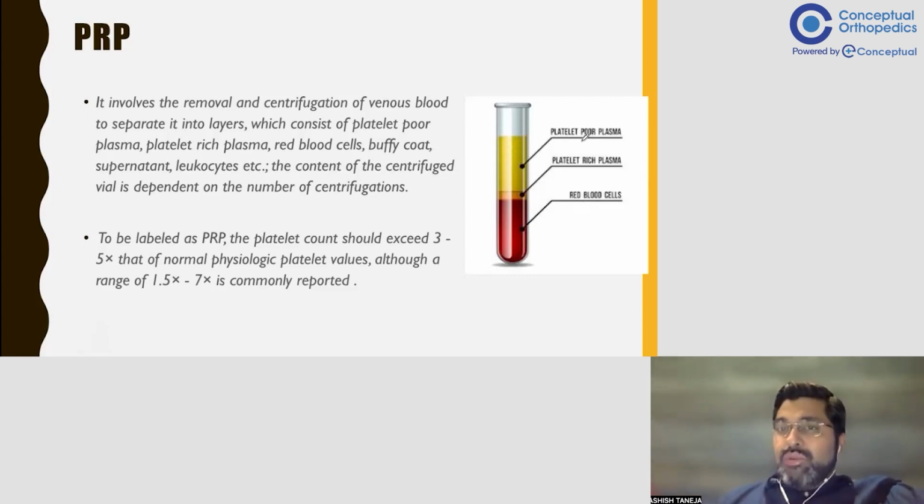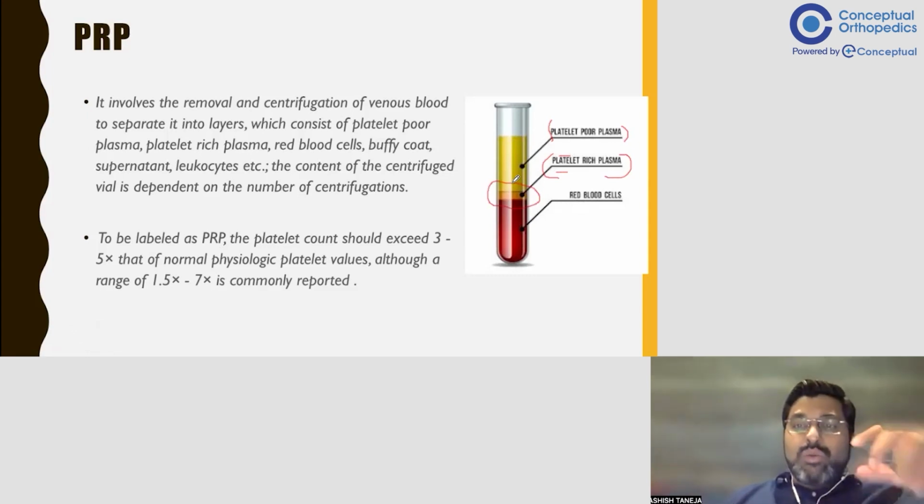The first part will be platelet poor plasma, the yellow part. Then there will be the brown part or the buffy coat as we call it, which is the PRP. That is where the main concentrated platelets are. And the last will be the red blood cells. This is the PRP region. This is what we want.